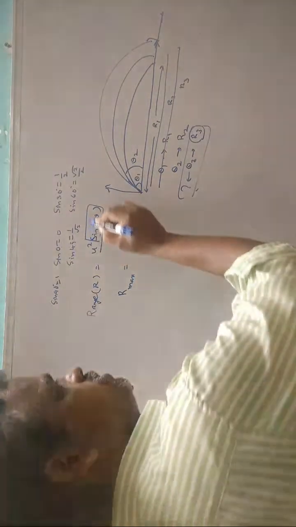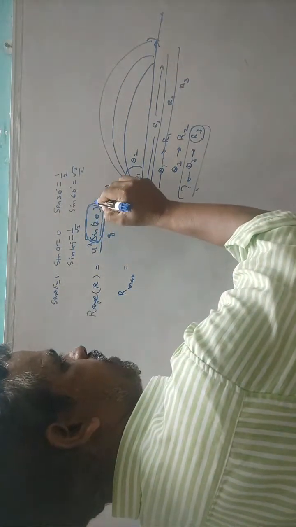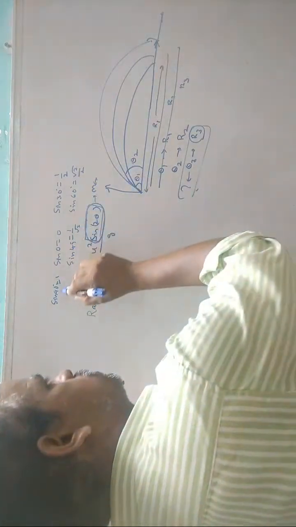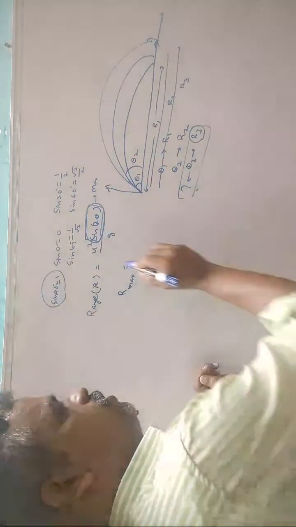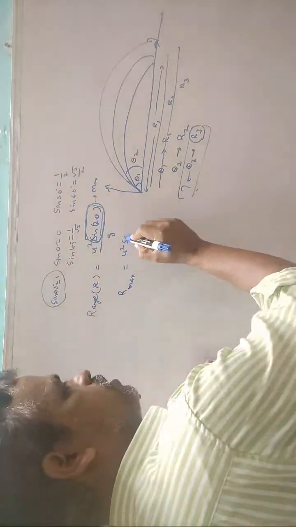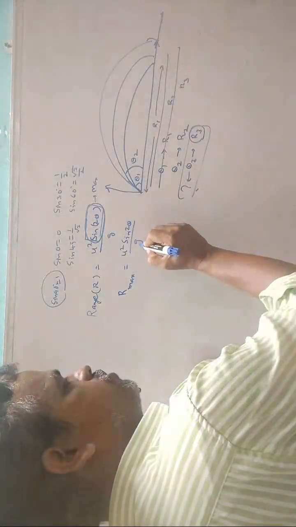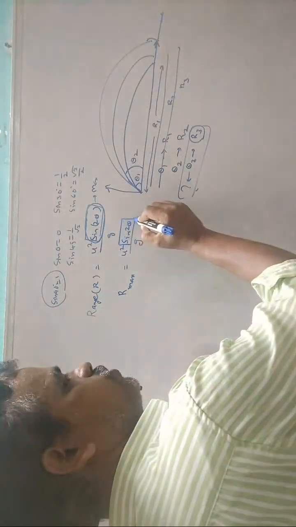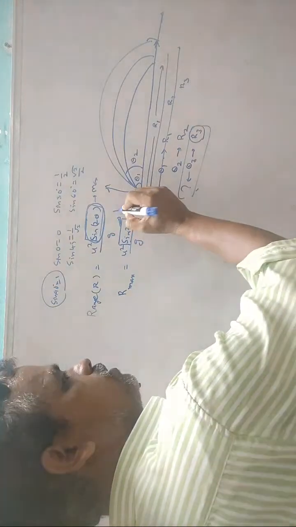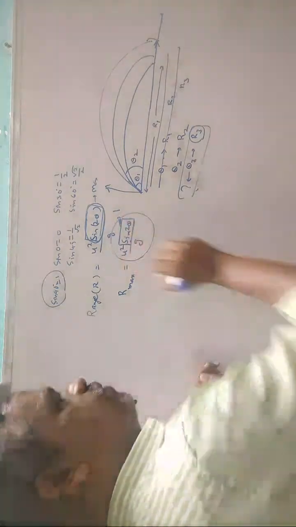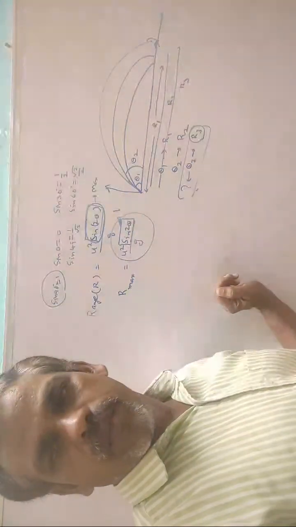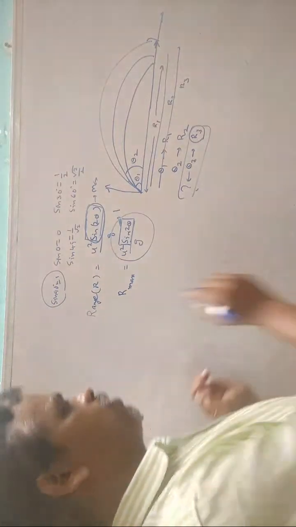So where does sine theta go to maximum? Sine 90 only. So in u square sine 2 theta by g, if sine 2 theta goes to 1, the total value becomes maximum. The range will be maximum.